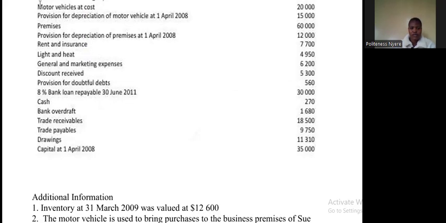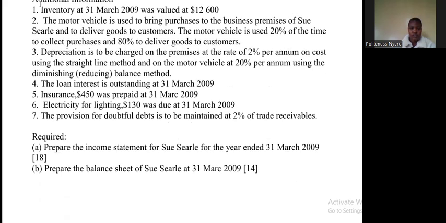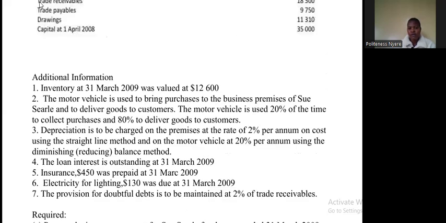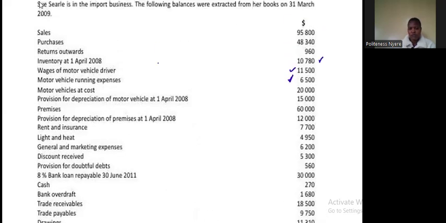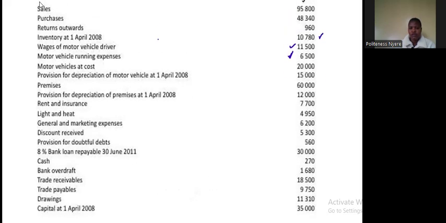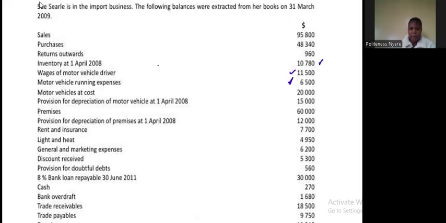They said the motor vehicles, number 3: on the motor vehicles, 20% per annum using the diminishing balance method. With the diminishing balance method, you say cost minus accumulated depreciation, and then you get your answer. So we are going to say here 20% of 20,000 minus 15,000. That is the depreciation, and then we multiply it also by 20%.